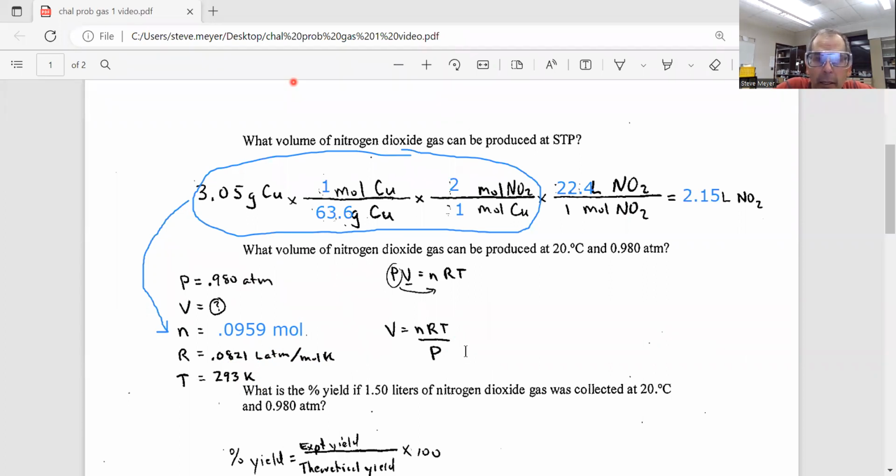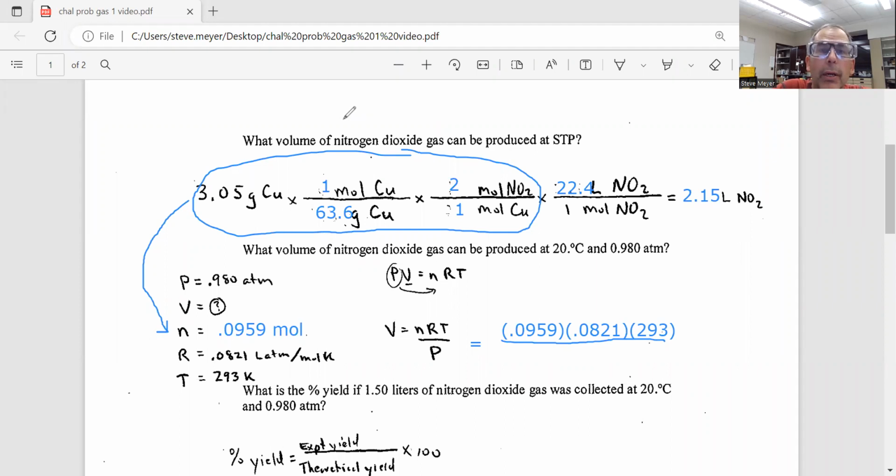I'm going to take this box here and say this equals NRT, over P. N is 0.0959, and then we're going to times that by R, which is 0.0821, times temperature, which was 293, and then we're going to divide that by the pressure of 0.980.